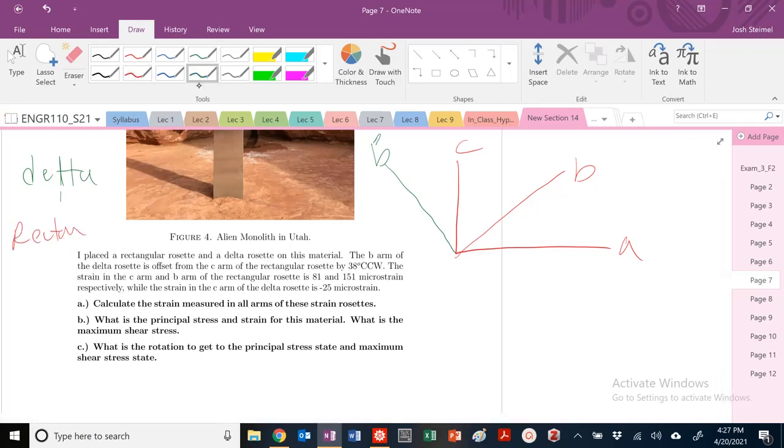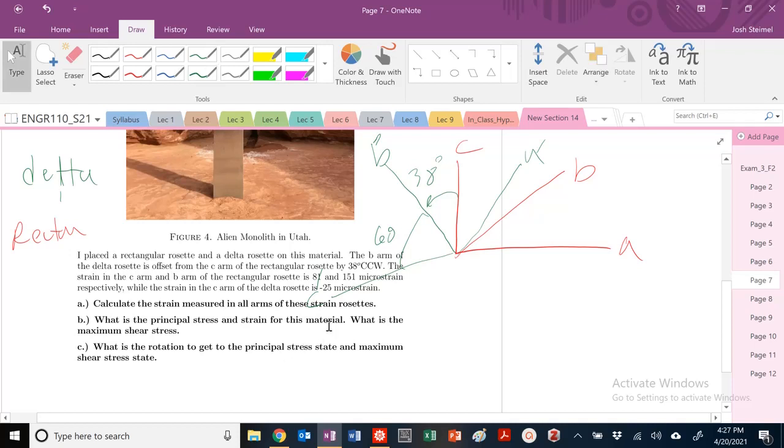If I look at my delta rosette, this angle here is 38 degrees from here and here. And then I have my usual, from here and here, this would be 60 for C, and then I have some angle here for A prime, C prime, B prime, etc.